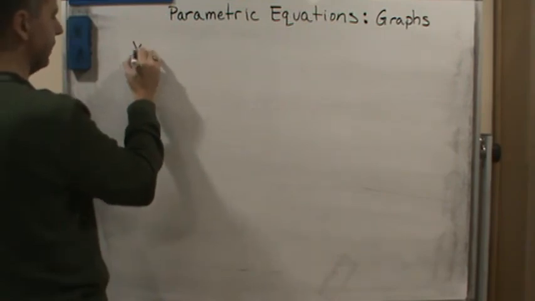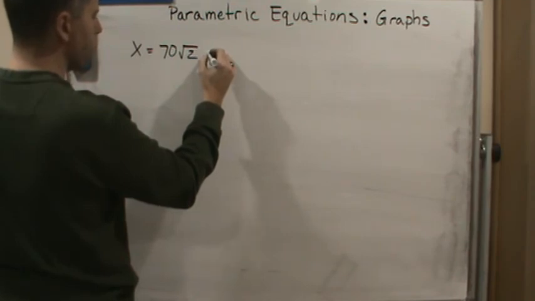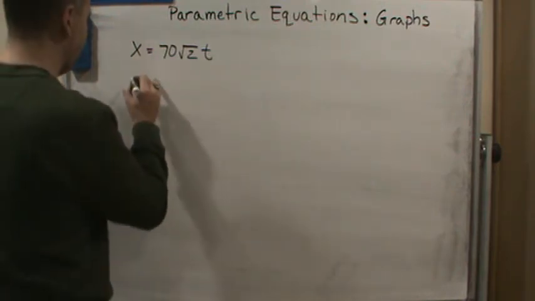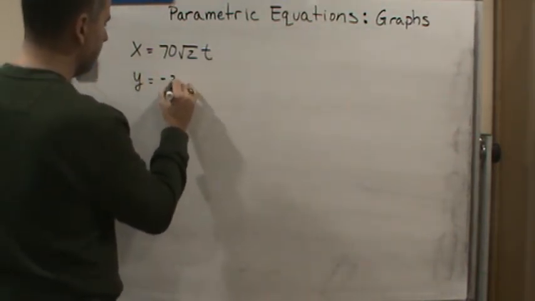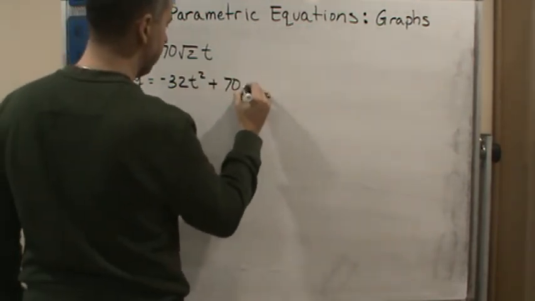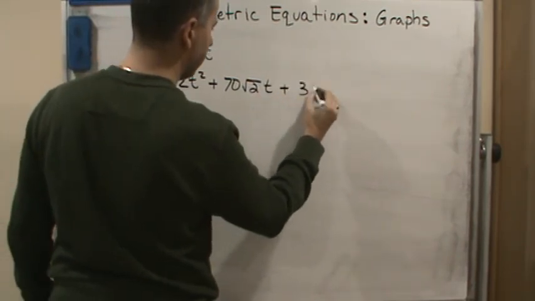So we have x equals 70 times the square root of 2 times t, and then y equals negative 32t squared plus 70 times the square root of 2 times t plus 3.